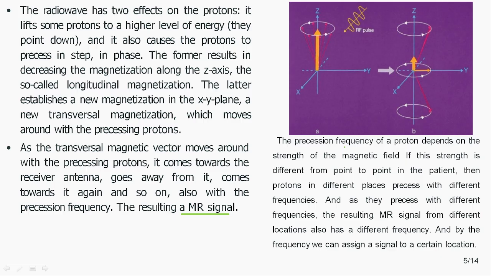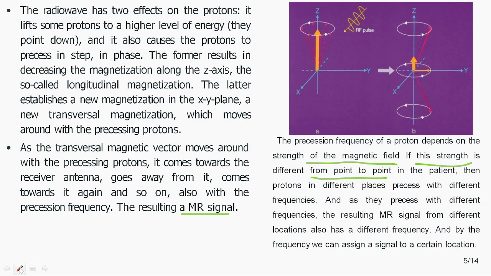The precession frequency of a proton depends on the strength of the magnetic field. If the strength is different from point to point in the patient, then protons in different places precess with different frequencies, and as they precess with different frequencies, the resulting MR or magnetic resonance signal from different locations also has a different frequency, and by the frequency we can assign a signal to a certain location.